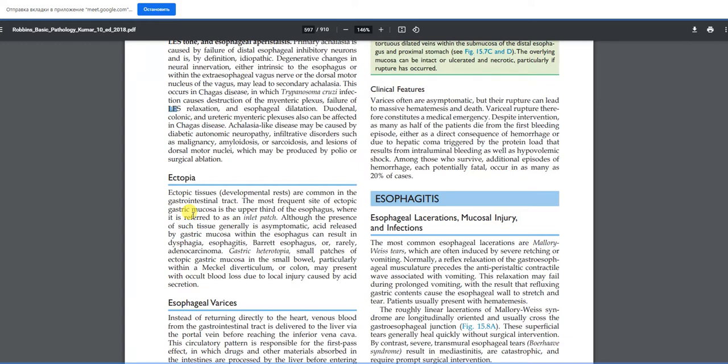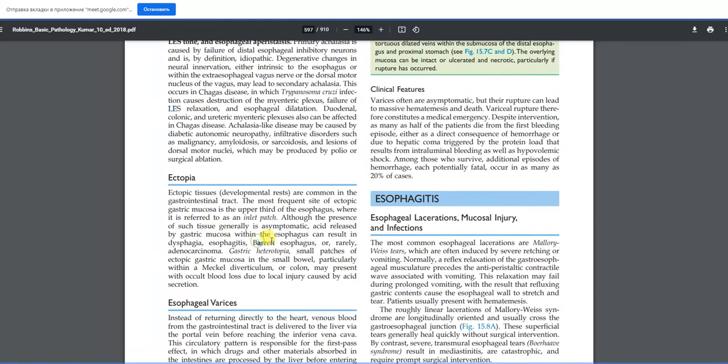If this portion of mucosa is present inside the esophagus, it causes a lesion directly inside the esophagus, and stratified squamous epithelia can't stand this acidic milieu, and it dies, and it leads to metaplasia or even sometimes dysplasia.